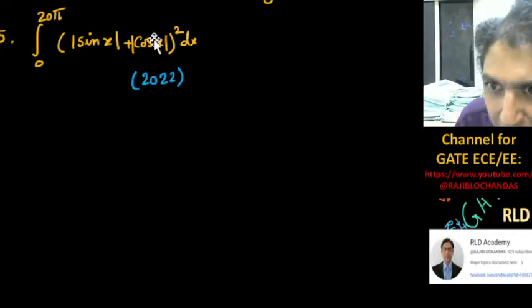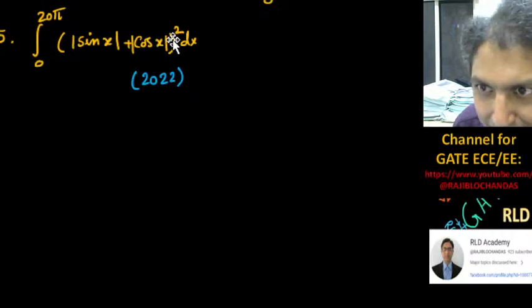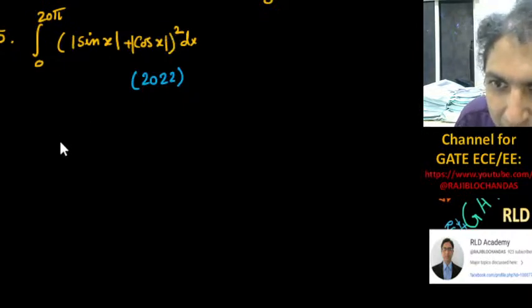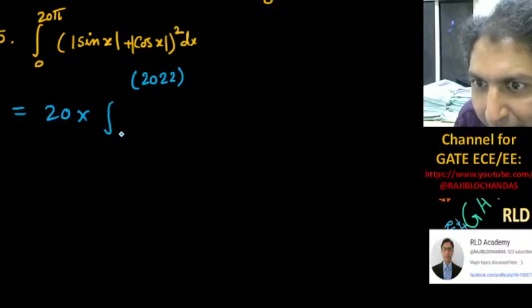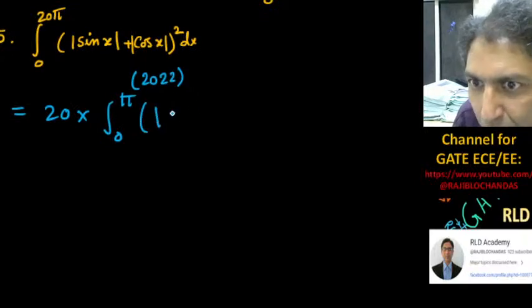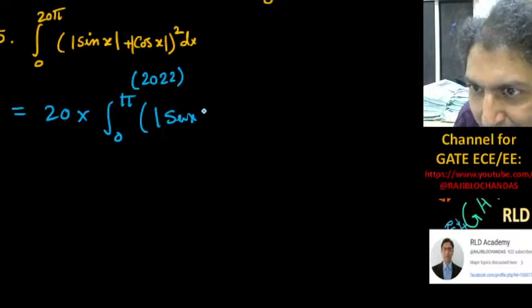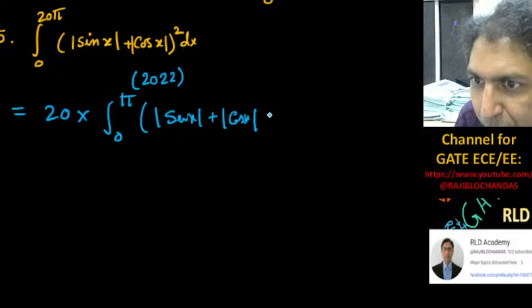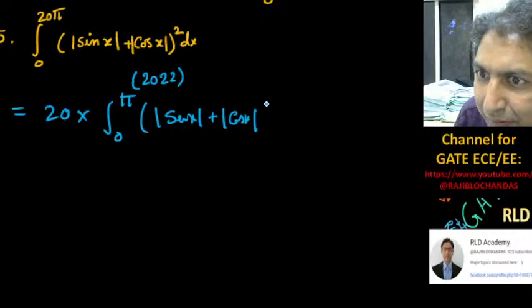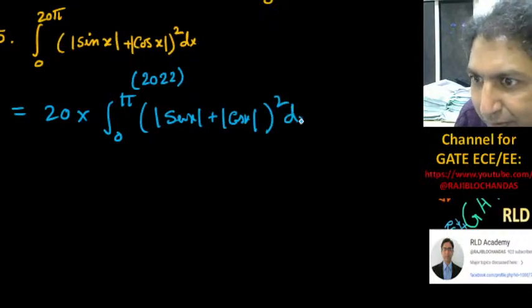So as both are periodic and it is a pi thing, easily we can simplify this thing as, this 20 is multiplied there, so 20 will be outside, 20 times I can write 0 to pi only, and this is mod of sin x plus mod of cos x, and this is square dx.